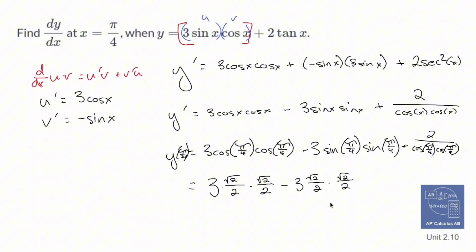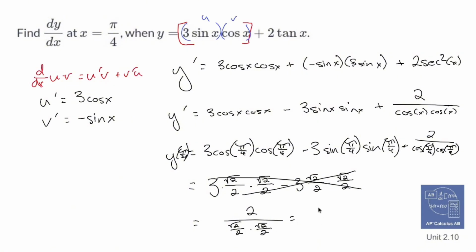Now, why is this good? Because you're thinking, oh man, I have to multiply all that. No, I don't. 3 times root 2 over 2 times root 2 over 2 minus 3 times root 2 over 2 times root 2 over 2 goes away because they're the same exact thing. And we're left with 2 over root 2 over 2 times root 2 over 2.